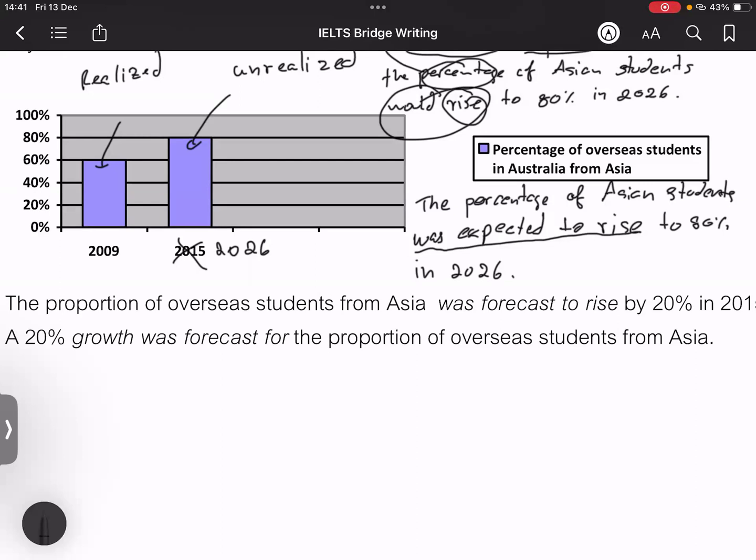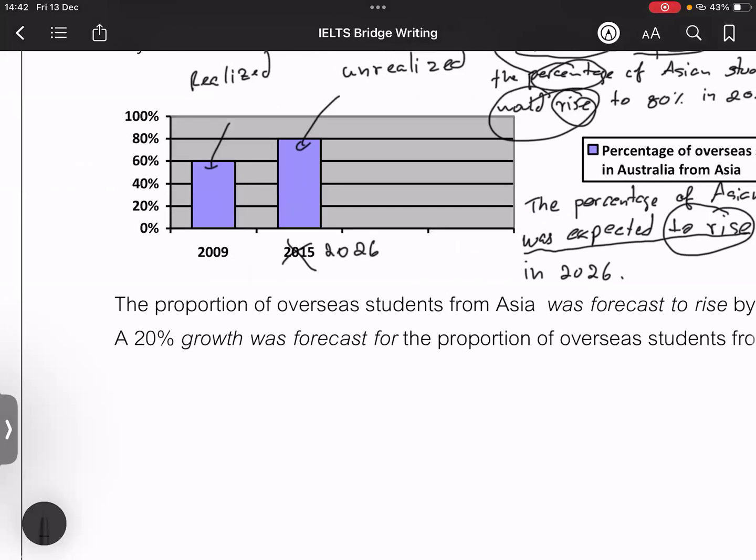If you want to make some changes to the sentence, you might want to put emphasis on the movement here. You can do that. All you have to do is put it right at the beginning of a sentence. So instead of using rise, I'm using growth. 20% is just a difference. So a 20% growth, then use the same passive structure.